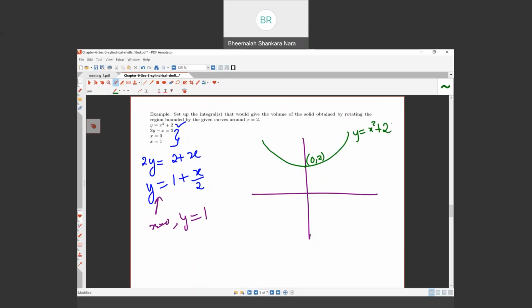And we have the x equal to 0 line, which is the y-axis, the x equal to 1 line, and one more, the x equal to 2 line. And we have this slant line y equal to 1 plus 1 half x, which is a straight line with the intercept 1.